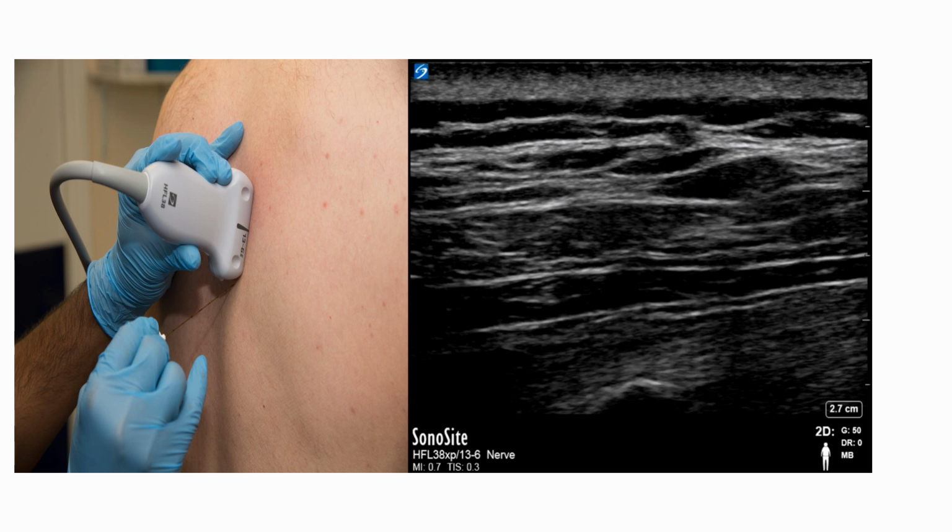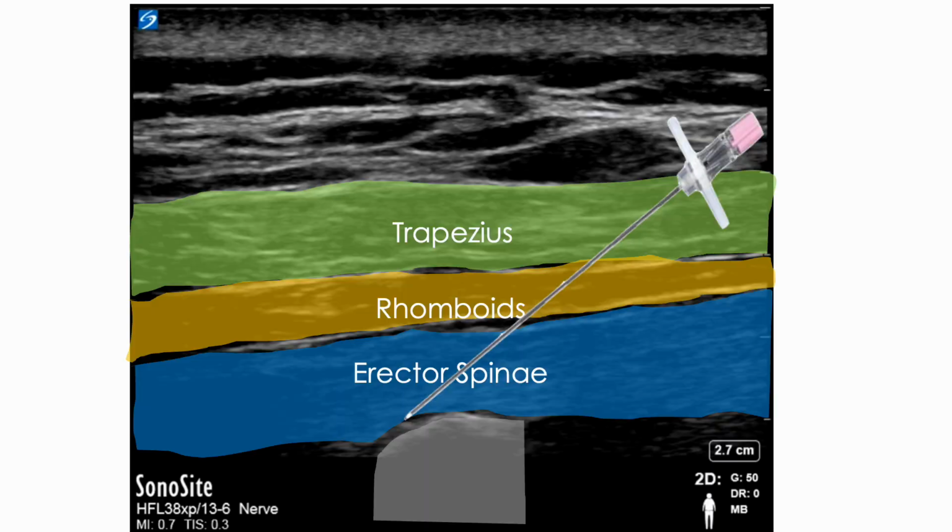The thoracic erector spinae plane block is typically performed at the level of T4 with the patient either in the sitting or the prone position. The probe is placed 3 centimeters away from the midline to identify the tips of the transverse processes, and the 3 muscles, which are the trapezius, the rhomboids, and the erector spinae, are identified.